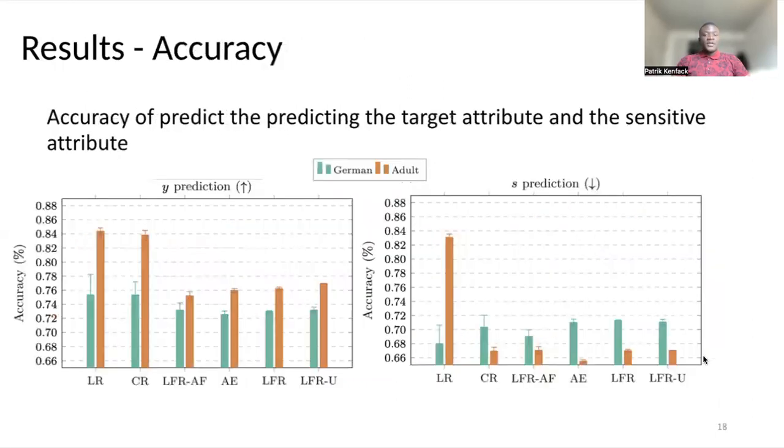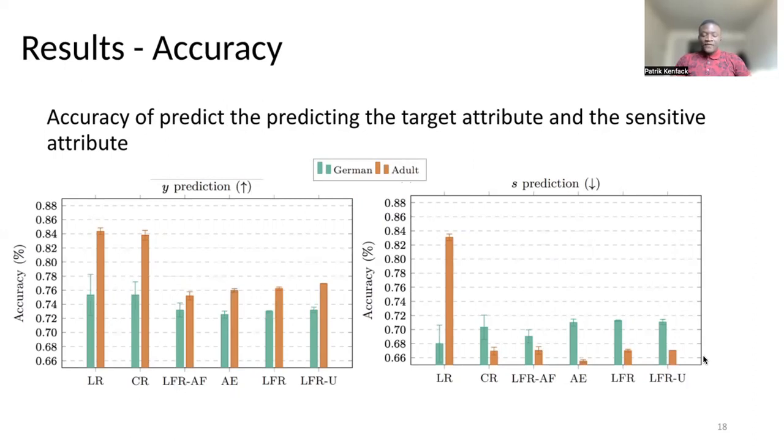So regarding the results, what we do is compare the accuracy of predicting Y, this is the target task, and the accuracy of predicting the sensitive attribute. We see that our method has better or similar performance compared to existing approaches. Of course, the linear regression has higher performance because there is no sensitive attribute, there is no fairness constraint there.